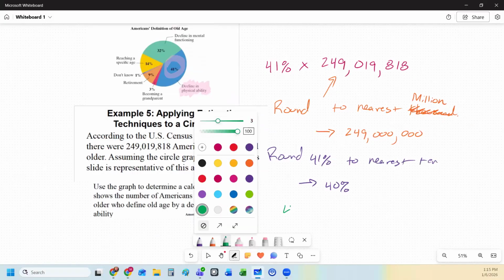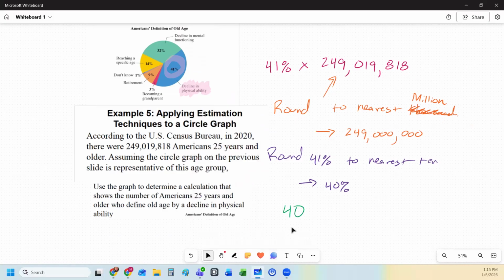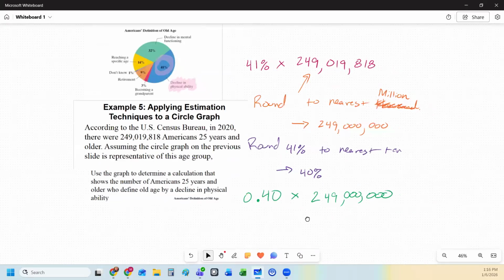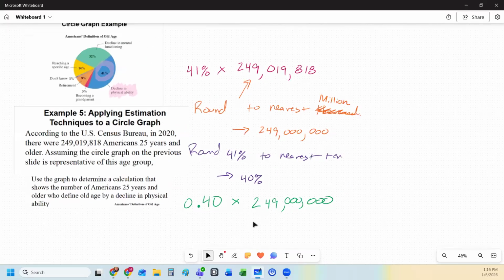So I'm taking 40%, and I'm going to convert that into a decimal, 0.40. Then I'm going to multiply that by 249 million, and that way I've got a fairly easy math problem to do. I can do it in a calculator or on my worksheet.